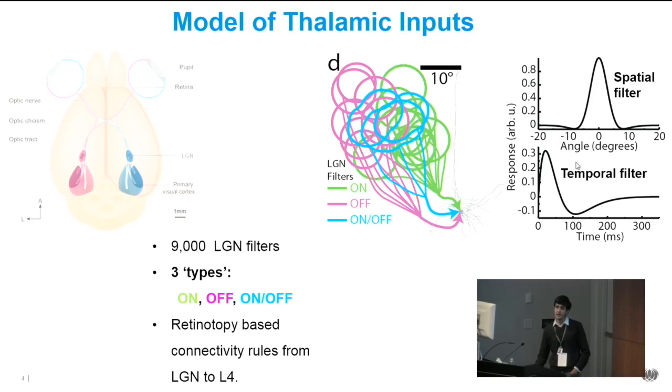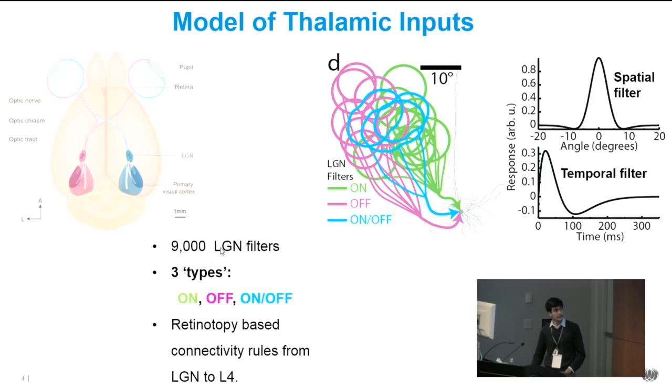Typical spatial and temporal filters that were used in our thalamic models are shown here. As a first approximation, each LGN unit was modeled as a spatio-temporally separable filter, and the spatial and temporal kernels used are shown here. As a first approximation, we used 9,000 such LGN units consisting of 3 functional cell classes.